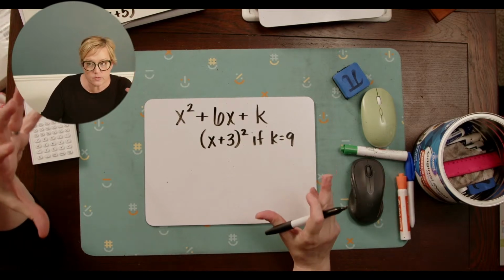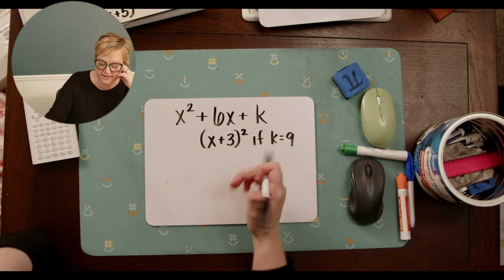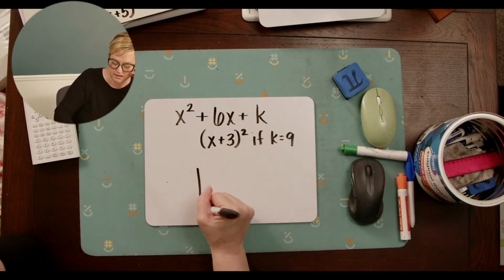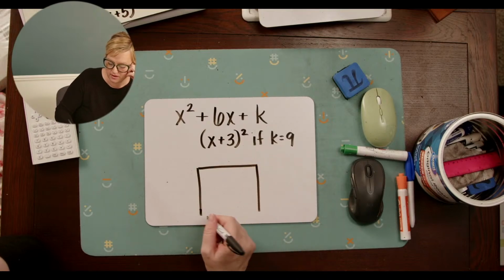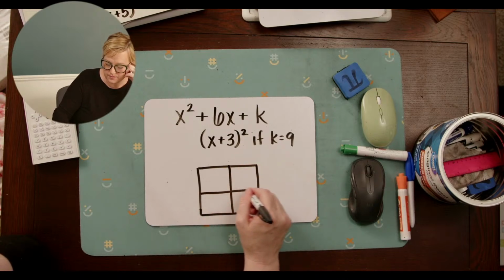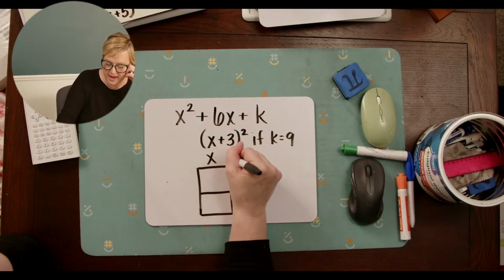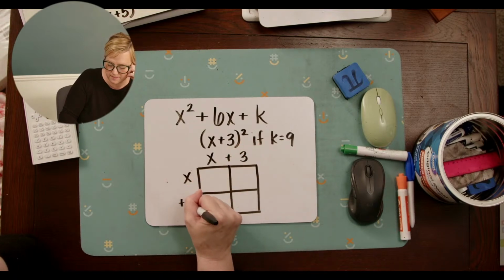Now, the reason we call it completing the square is because if half of 6 is 3, we know that this is going to be x plus 3, and this is going to be x plus 3.